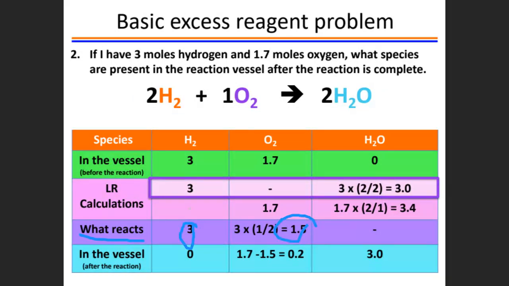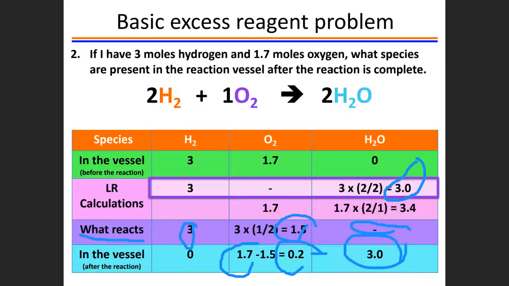I think I told you in the beginning when I started this example. So 1.7 and 1.5, that's 0.2, and this 0.2 also resembles this amount of product. I mean, there are different ways that you can find out which one will be in excess, which one will remain, even in quantity.